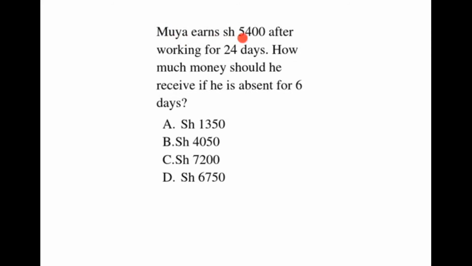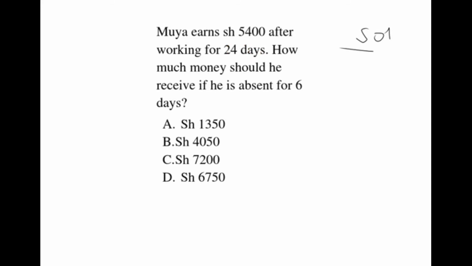Muya earns 5,400 shillings after working for 24 days. How much money should he receive if he is absent for 6 days? Solution. We are told that Muya earns 5,400 shillings after working for 24 days.